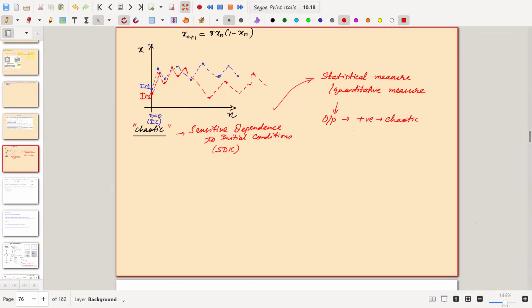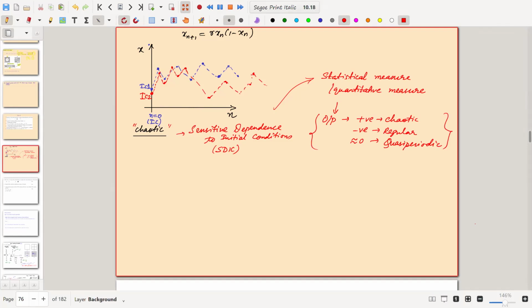If it is a negative value, it is maybe regular behavior. And if it is close to zero, it is quasi-periodic. So we need a metric or a statistical measure for this.